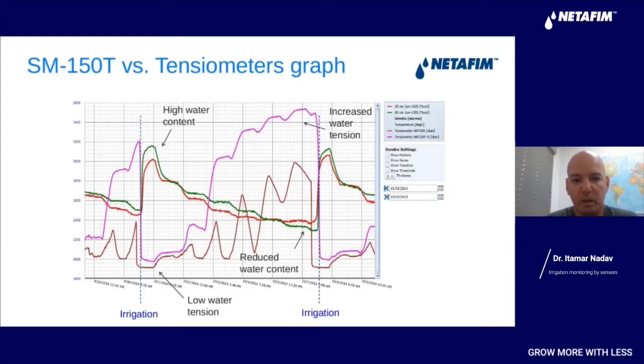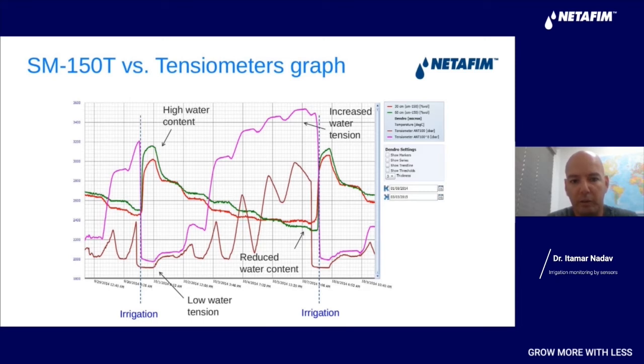So here in this graph, you can see the difference between the water content sensor, the SM150, and the tensiometer. So the water content is in the green and red lines, and the tensiometer is in the brown and purple. And you can see that once we have irrigation, the water content just increases and the water tension just drops down.